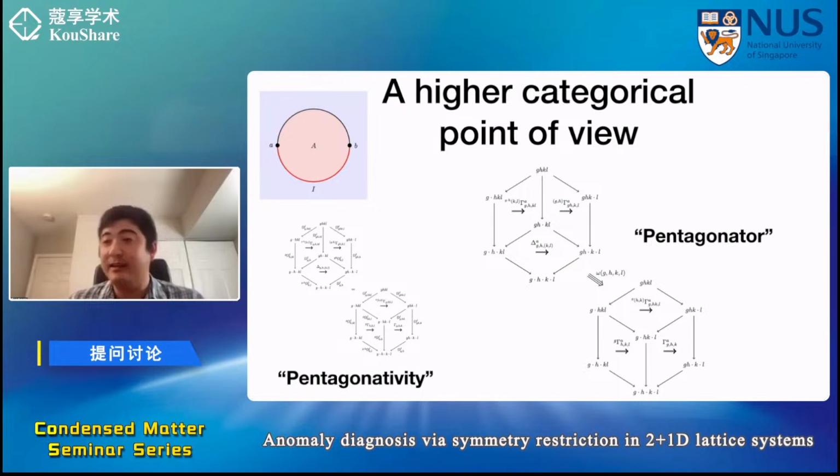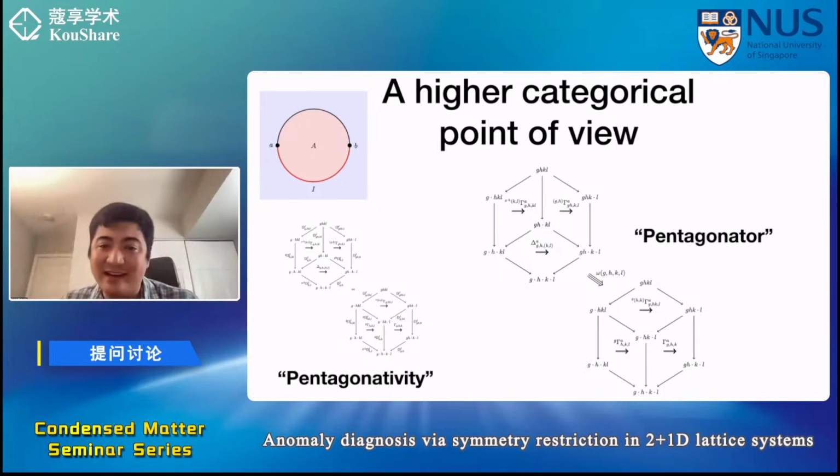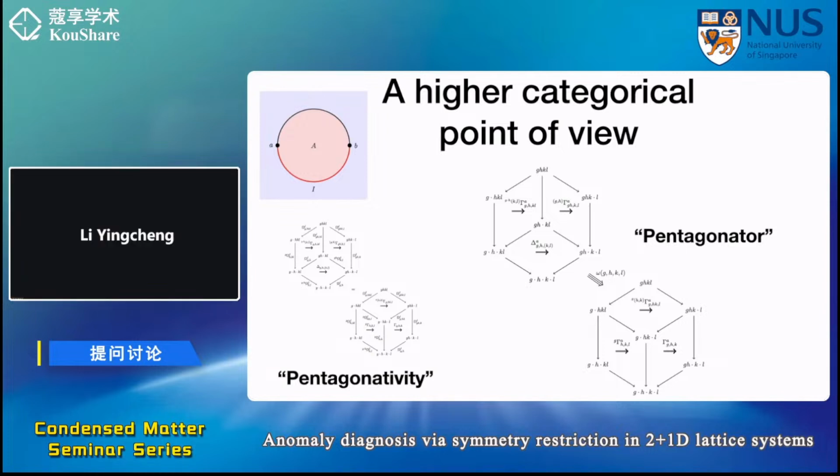Yeah, that's right. If you look at the pentagon identity and arrange the symmetry defects or just domain walls in that configuration, or another way, the difference between those two ways of doing it will be the pentagnator, or the H4 element. Oh, I see. Thank you. And maybe that's why you are calling it pentagnator, although it looks like a hexagon.